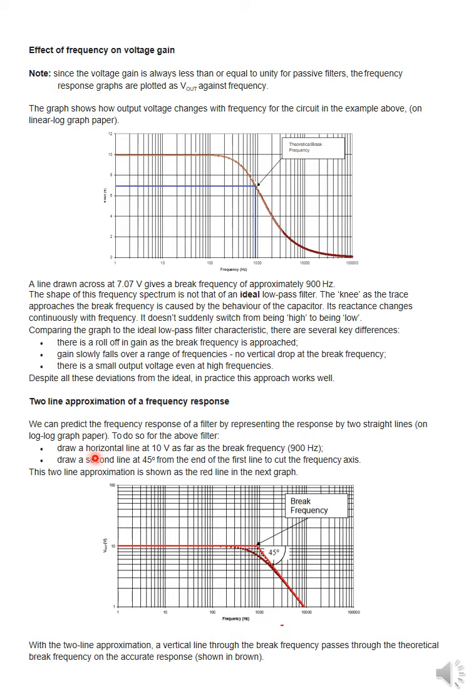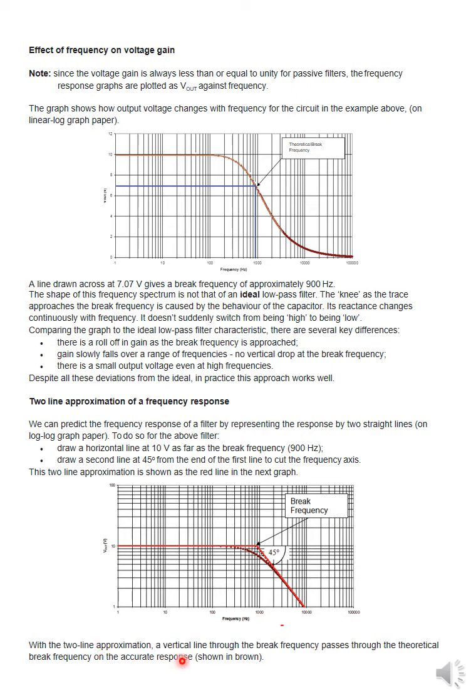Now draw a second line at 45 degrees from the end of the first line to cut this one. So draw a line like this at 45 degrees. Then this two-line approximation is shown as the red line in the next graph. So you can see that there is a line like this.